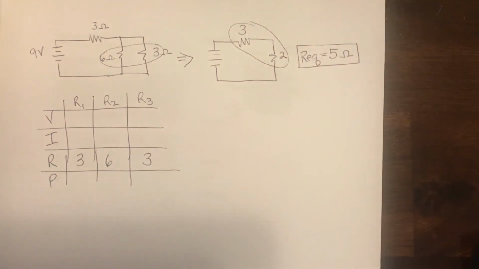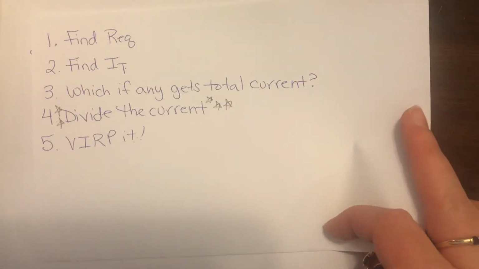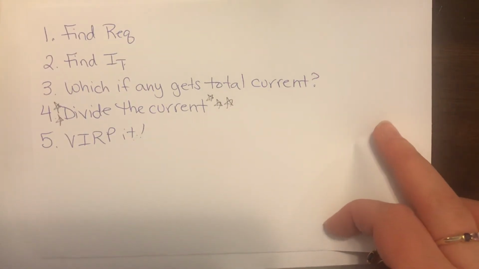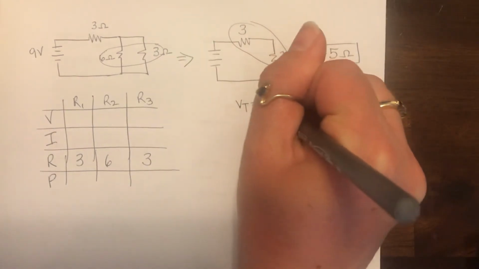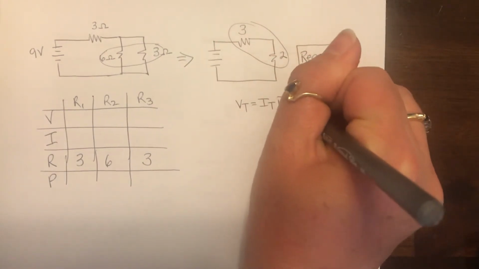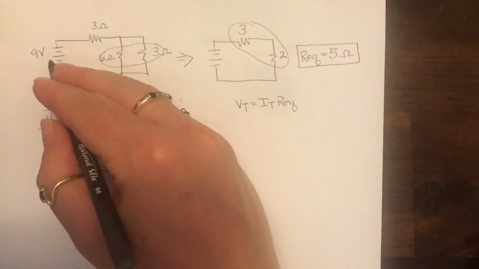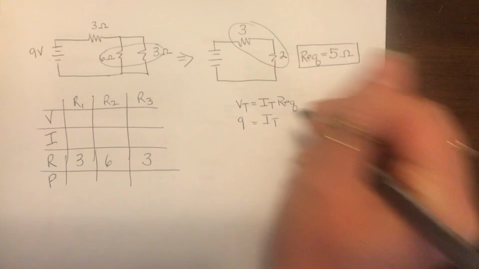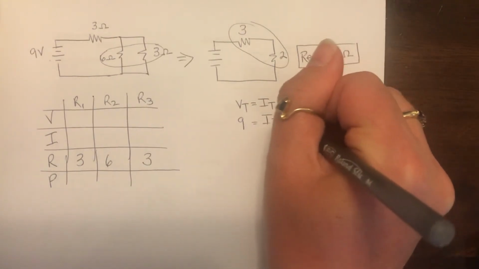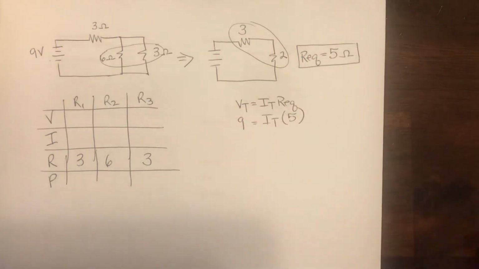Okay, step 1, done. Step 2, find IT. We can use our VT equals IT times REQ. Total voltage, 9. Total current, I don't know. REQ, 5.